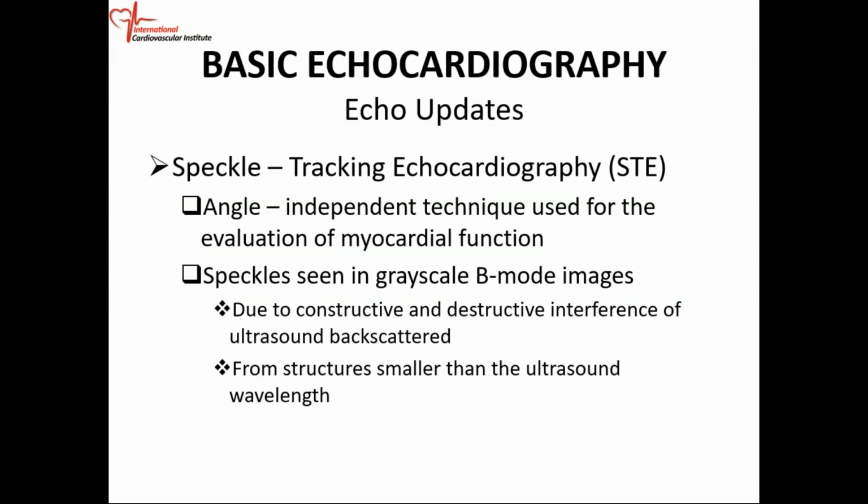Using speckle tracking echo, we can do strain analysis. Again, it's angle independent. We use the technique to evaluate myocardial function. You see the speckles on the gray scale B mode imaging.